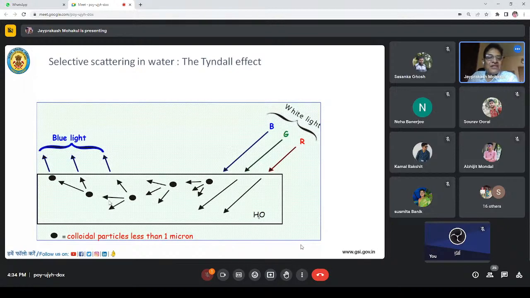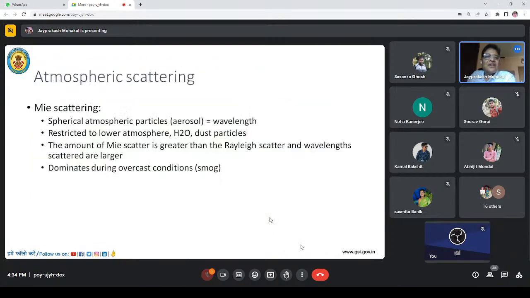I mean, it interacts, it gets scattered by these particles. Eventually, you see the light as blue, as you see the sea, particularly when you travel in the sea, or any standing water body, you see them as blue, right?